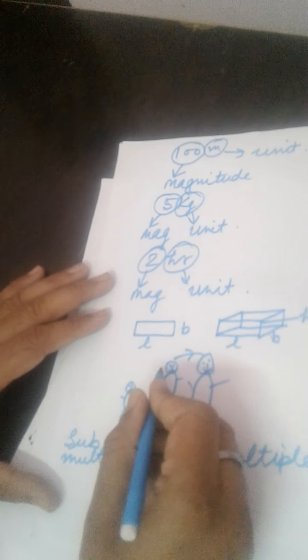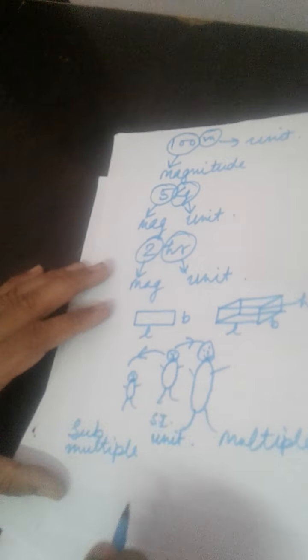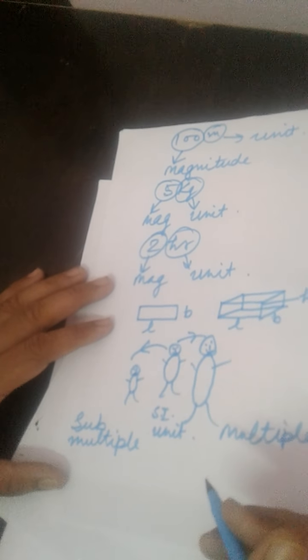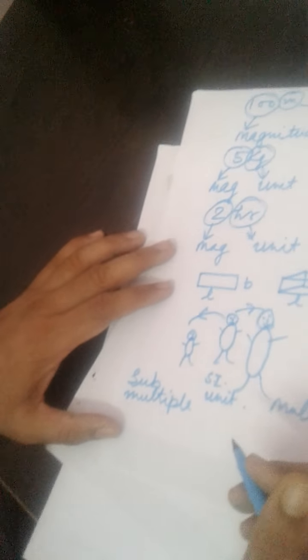And submultiples are smaller than SI unit. Now the question arises, what is the need of multiples and submultiples? Actually, sometimes we have to measure big areas and sometimes we have to measure very small areas. That time SI unit is inconvenient.